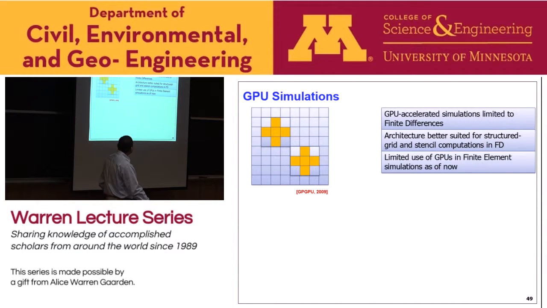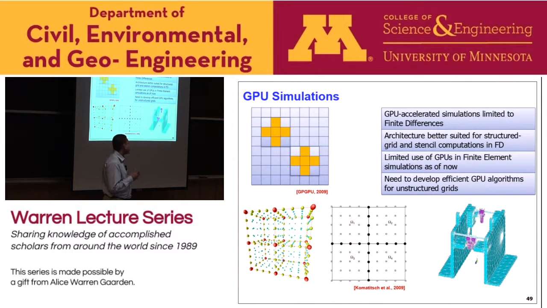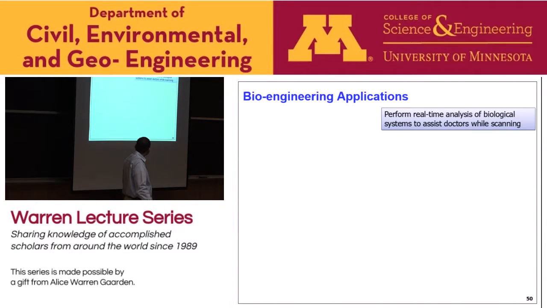But if you want to use it for finite element analysis, there has been some work done on doing finite element analysis on regular grids, structured grids, but for widespread adoption, you need to do it on unstructured grids where you have quads or triangles or tetrahedrons used.